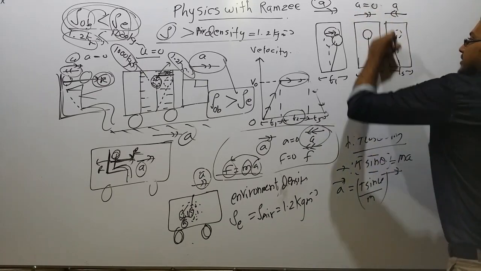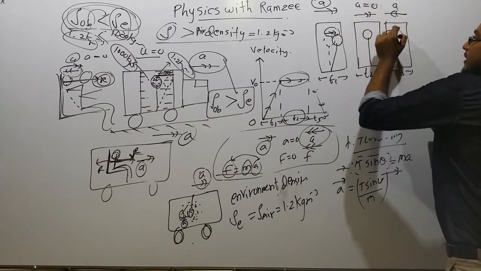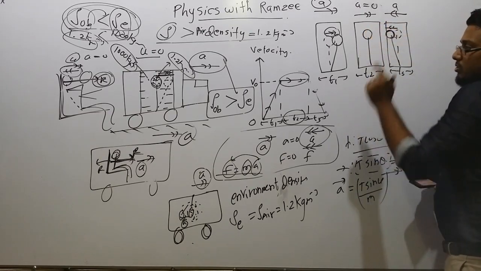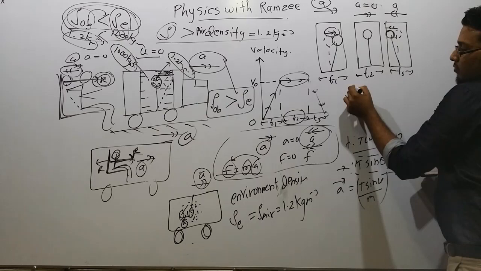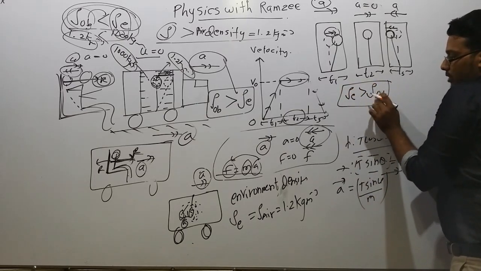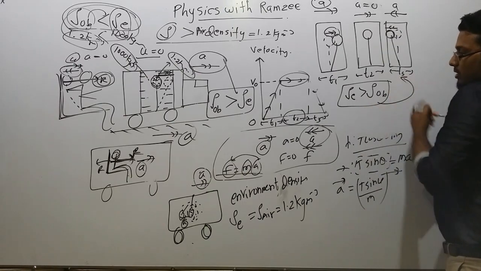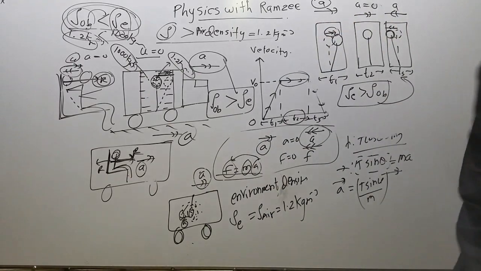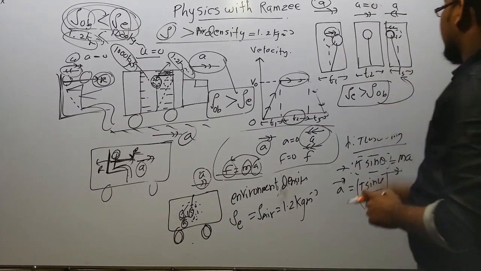So the position needs to change in the acceleration direction, according to the environmental condition, that the environmental density is higher than the object or particle density. According to this scenario, we can find out these things.